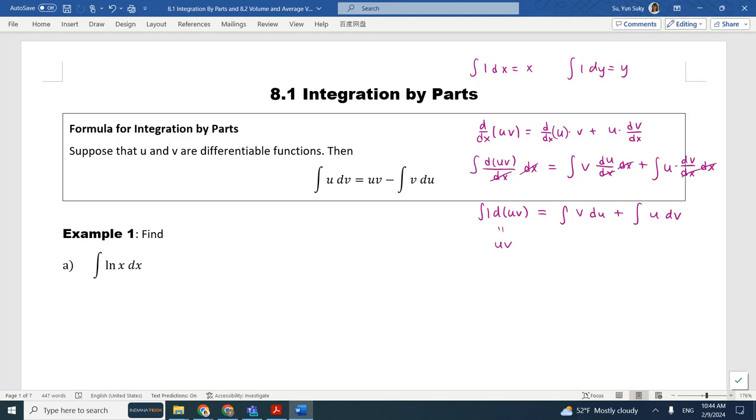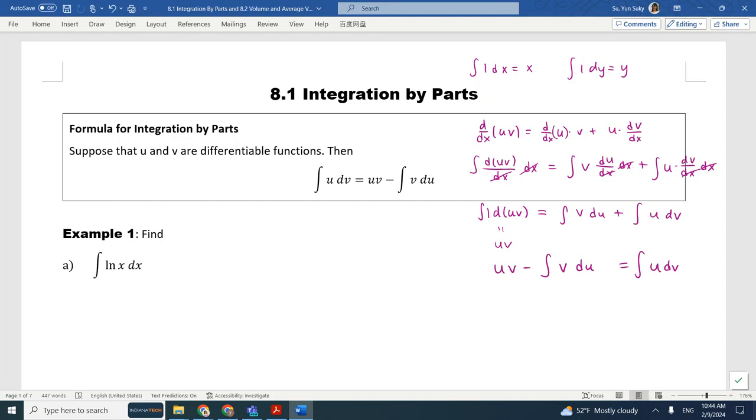Okay. Nice. Now on both sides subtract integral of v du. We get integral u dv equals uv minus integral v du.